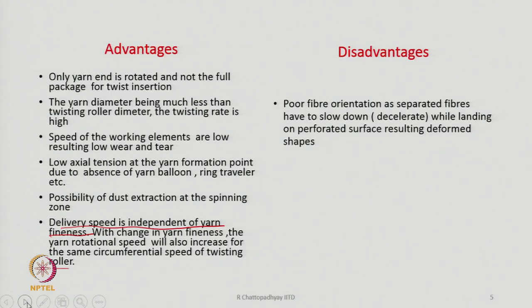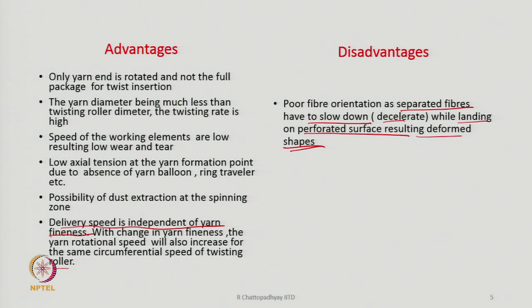But the disadvantage is poor fiber orientation, because separated fibers have to slow down or decelerate when landing on the perforated surface, resulting in deformed shapes. This is something which is quite dangerous, because most of the fibers will change their straightened configurations. They come at a high speed and then they slow down, they are made to fall on a slower moving surface.